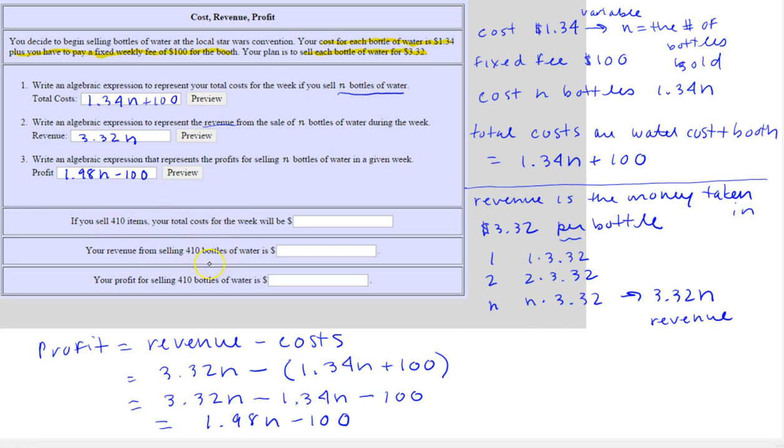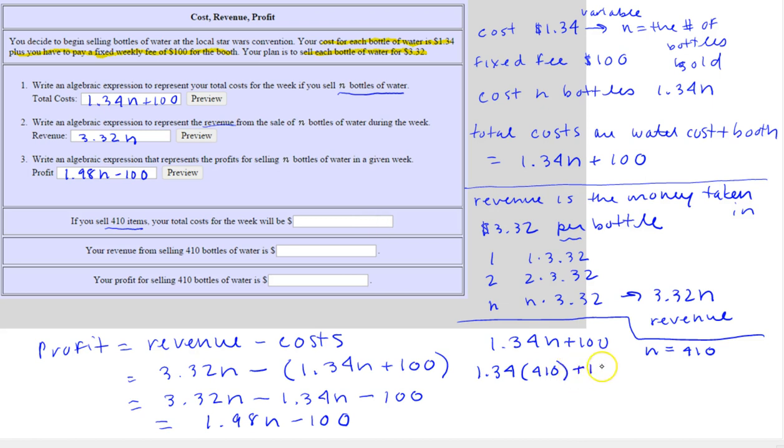Now we're asked a few more questions here where we're just going to need to evaluate. So it says, if you sell 410 items, your total cost for the week will be, well, here's our cost equation. So we have 1.34N plus 100. And we're selling 410 items. Remember, that's the number of bottles. So we're given N equals 410. So we're going to find 1.34 times 410 plus 100.